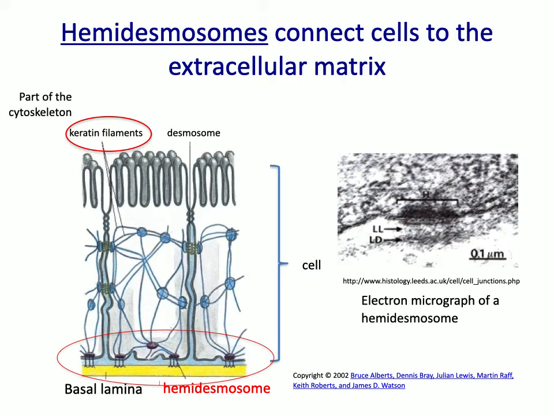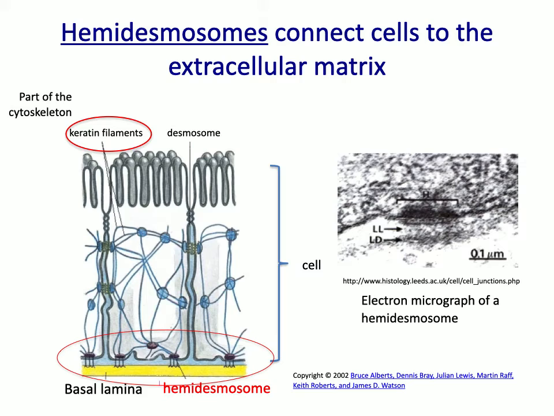This is particularly crucial in the skin, where it is the strength and numbers of these fibrils that allow the dermis and the epidermis to be so tightly bound together. Some of the proteins in the plaque of hemidesmosomes come from the same families as those found in desmosomes, so plakins.